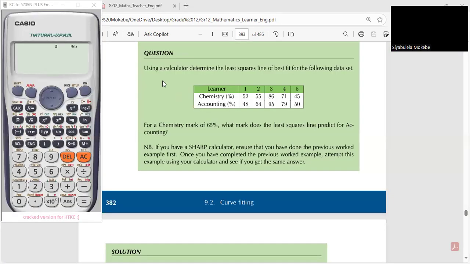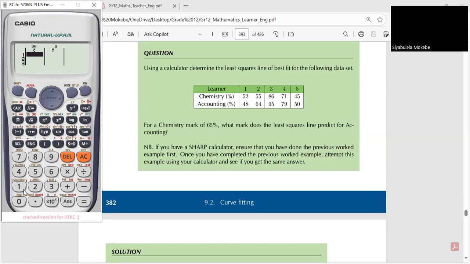All right, folks. So now we want to try and use our calculator to do this. Using a calculator, determine the least squares line of best fit for the following data. So it's mode. Then after mode, I'll select 3, which is stats, then 2.